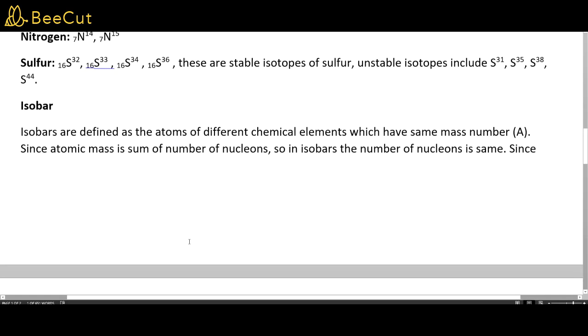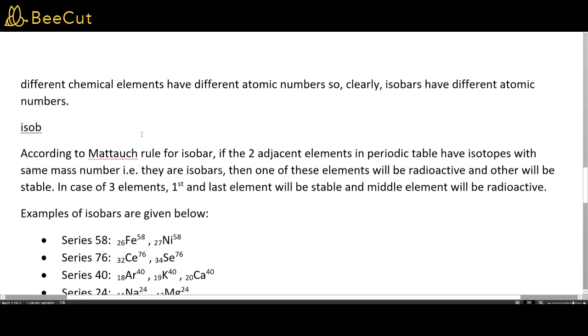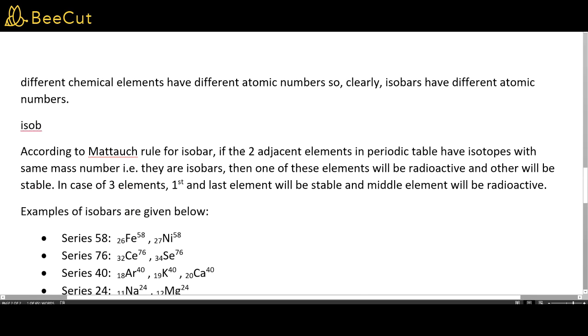Going back to the topic, the next term is the isobars. As I already told you, in these kinds of chemical elements, the mass number, or the total mass of the element, will remain the same, and definitely it will concern various elements of the periodic table. Over here you can see there is a rule for isobars: if two adjacent elements in the periodic table have isotopes with the same mass number, then they are isobars.